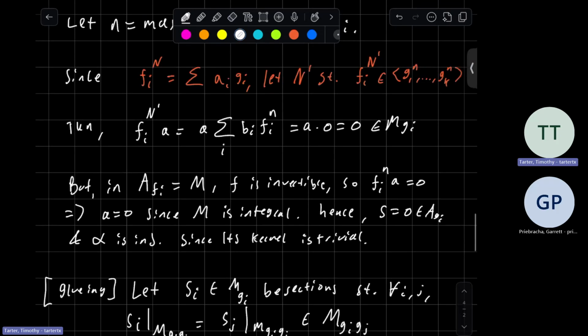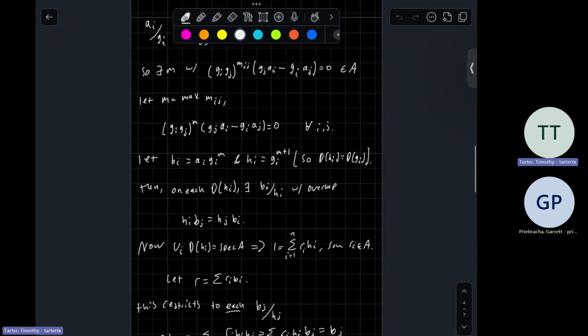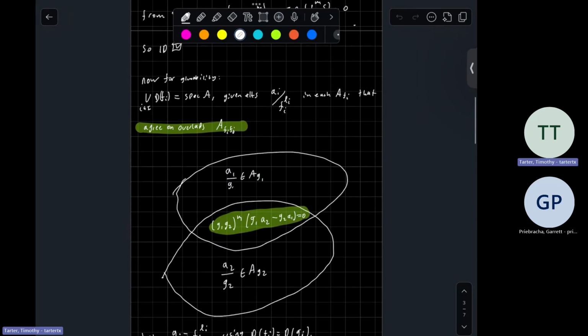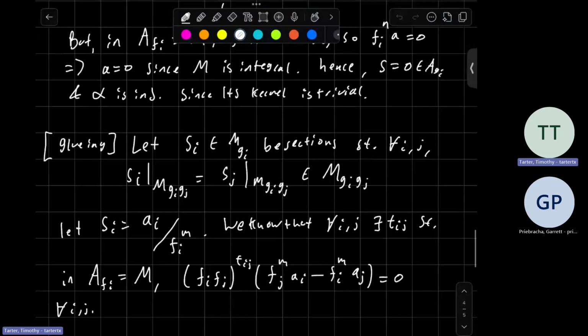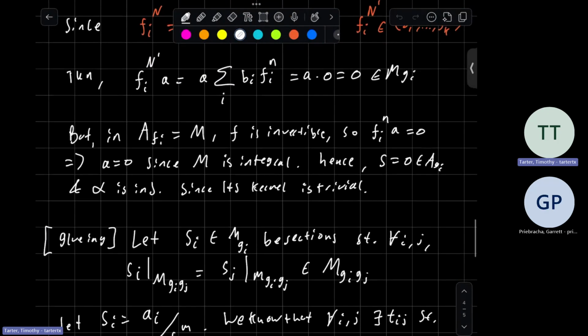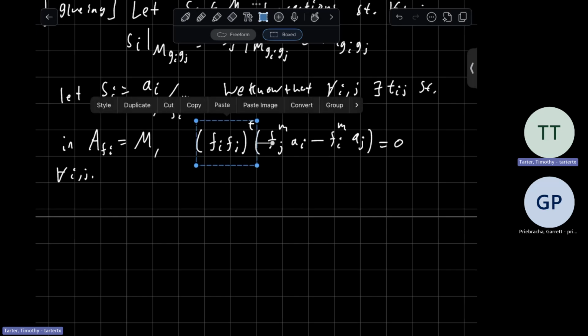And so this is by the really big picture that we drew last time. Except we've already used m, so we're going to call this t. Moreover, we can get this t to be universal.